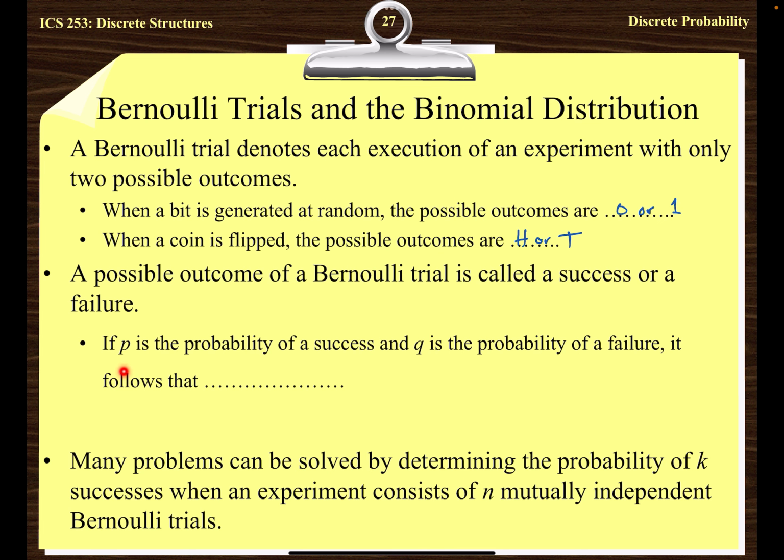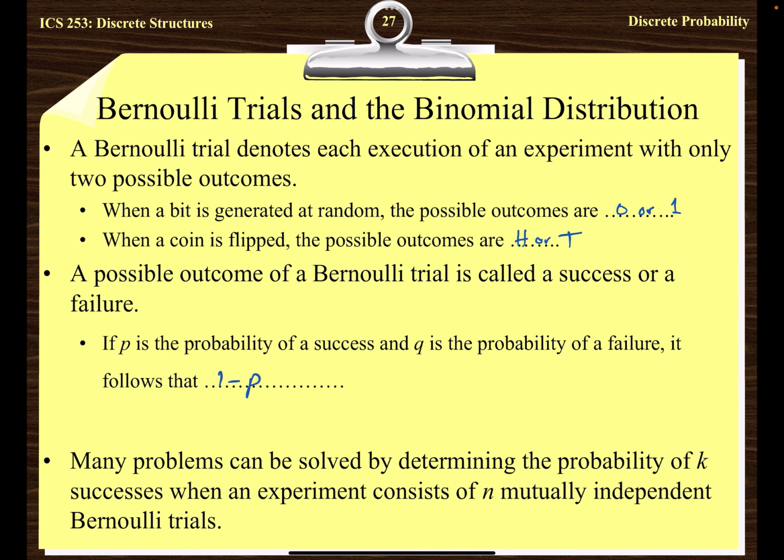If p is the probability of success, what do we know about q, the probability of failure? It's 1 minus p, because I only have 2 outcomes.